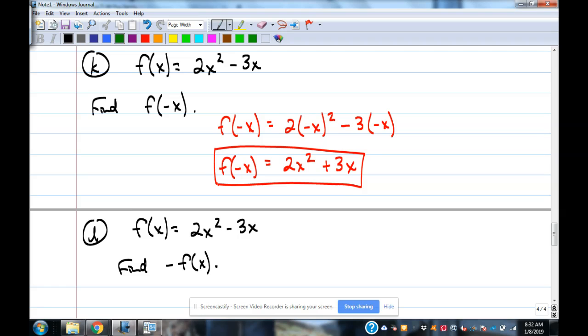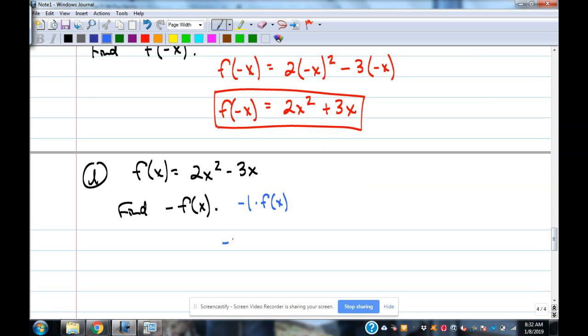It's like -y. It's like -1 times f of x. And if I multiply the whole function by -1, what's it going to do? Change it to the opposite signs on everything, right? So negative f of x is taking -1 and multiplying it times 2x squared minus 3x. That's really what's happening here.